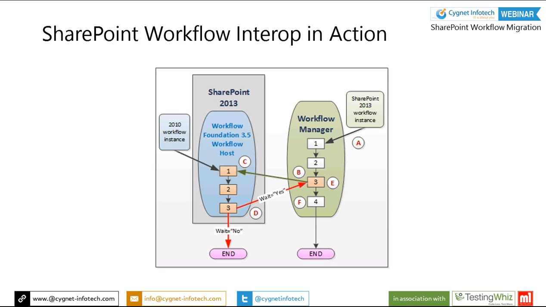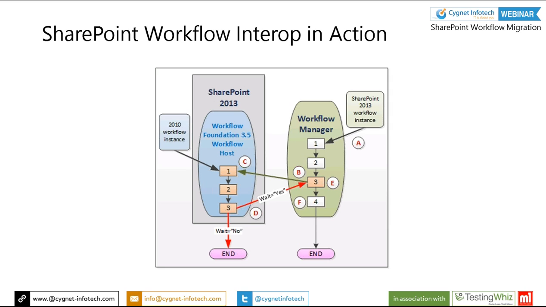Once the SharePoint 2010 workflow instance starts, all the defined actions and activities are performed during that workflow execution, and whatever the response is, it is sent back to the SharePoint 2013 workflow instance, in the back direction coming from D to 3 of the workflow manager.